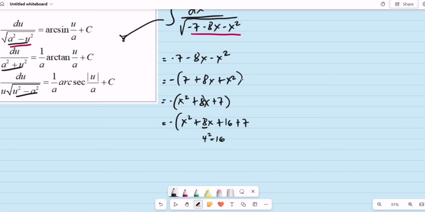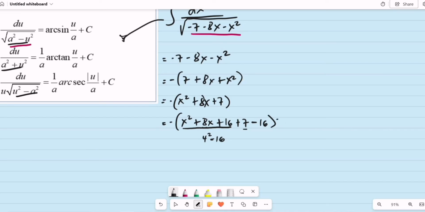Take note that we are just adding 16 to complete the square, x squared plus 8x plus 16. But we need to subtract 16 from the constant 7. So basically, we did not add anything.